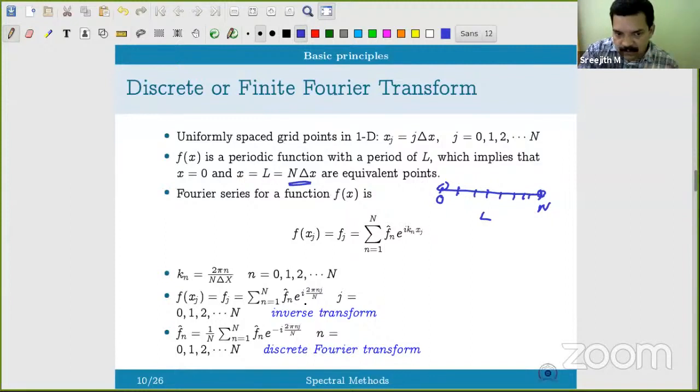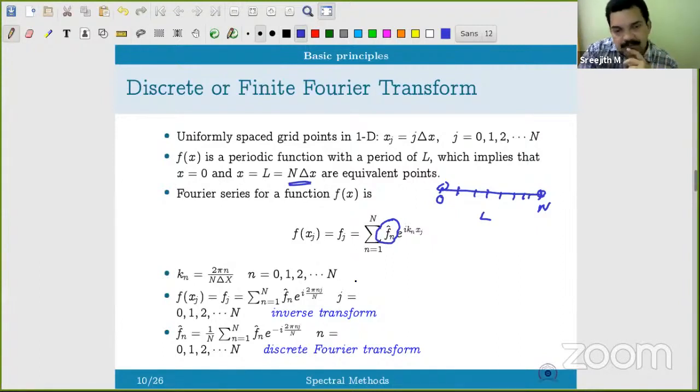And if you want to find f_n, it is equal to 1 by N into the sum over j equal to 1 to N of f_j e raised to minus i 2 pi n j by N, where n is equal to 0, 1 to N. And this is the discrete Fourier transform. Using the Fourier transform, you can find this Fourier coefficient.